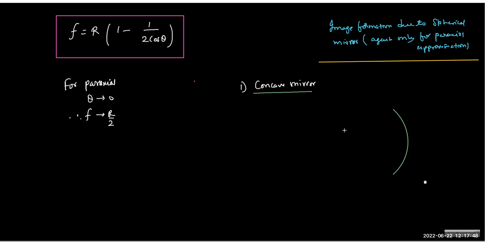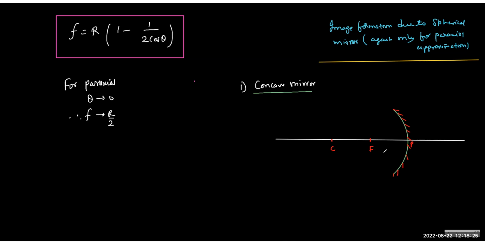I'll give you some glimpse of how to think about it. Okay, so we always take the object. We have F and then C, and because for paraxial F is exactly at the midway, since it's R by 2, we can draw something like this: P and C, and in the midway draw F. That's how we start.